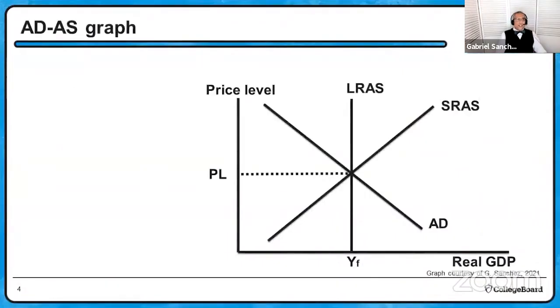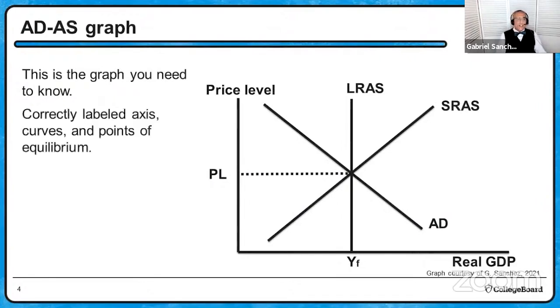So here it is, the aggregate demand, aggregate supply graph. This is the graph you need to know. And on the exams, they will always ask us to have a correctly labeled graph. So what does that mean? Correctly labeled, we have our axes labeled, vertical price level, horizontal real GDP. All 3 curves are labeled: long run aggregate supply, short run aggregate supply, aggregate demand.